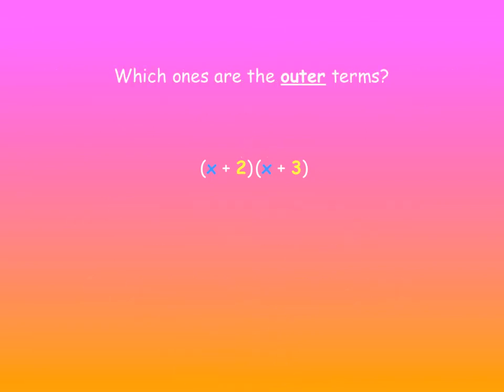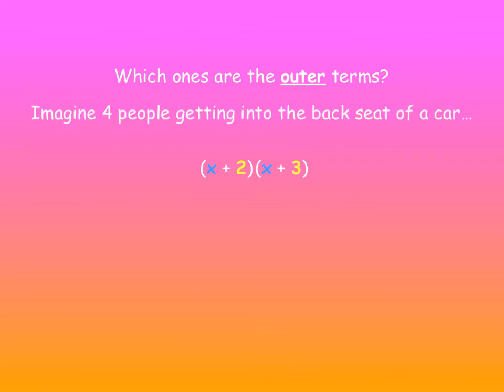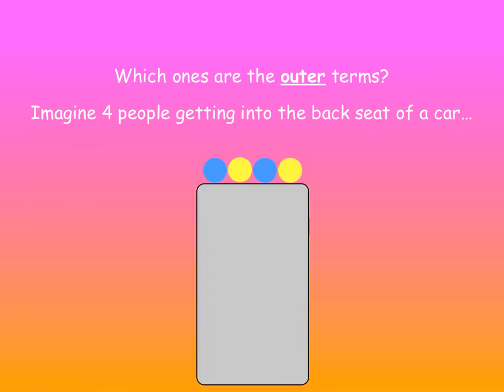But which ones are the outer terms? This is what confuses some students. Well, let's imagine 4 people getting into the back seat of a car. We'll turn these terms into circles representing people. Here comes a car. The people are going to get into the car, or they can be passengers.